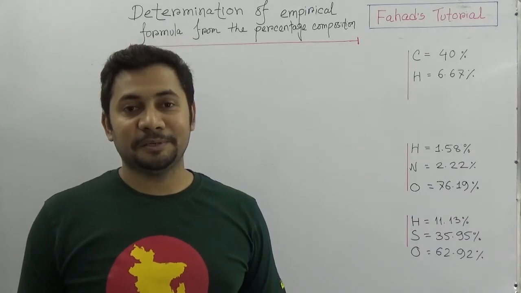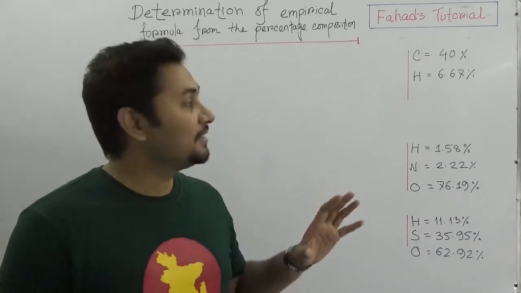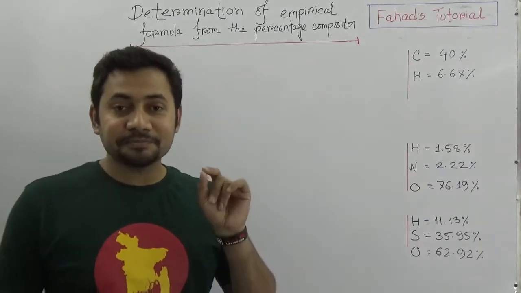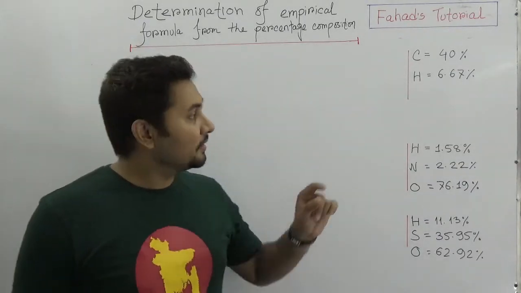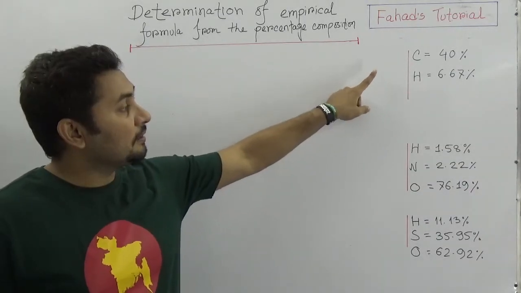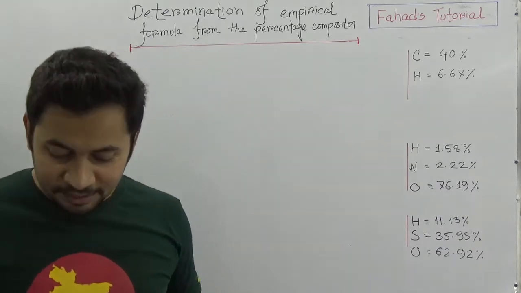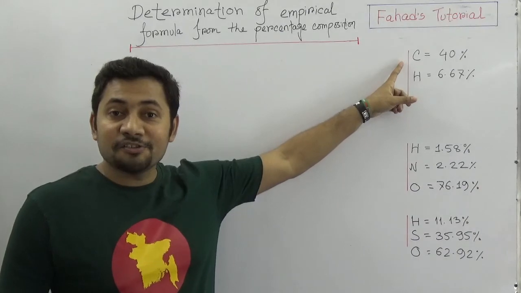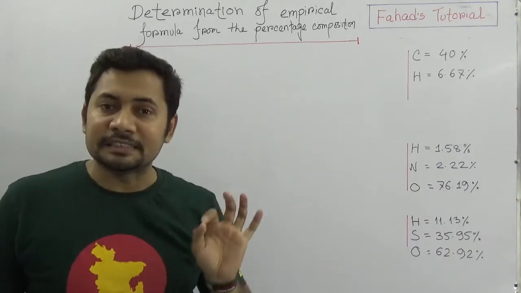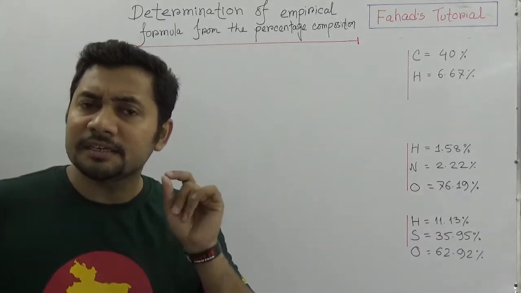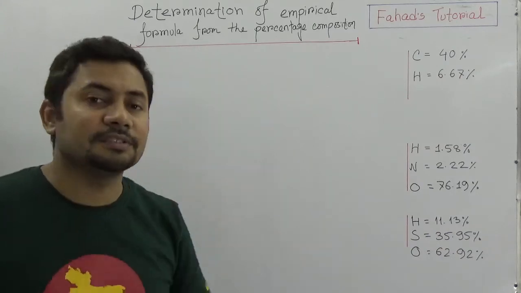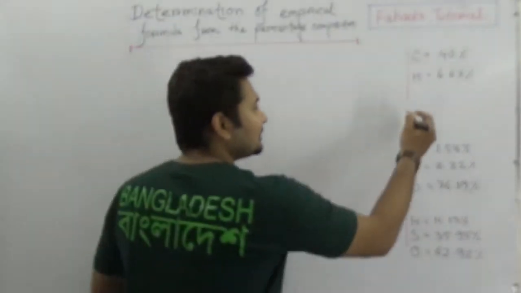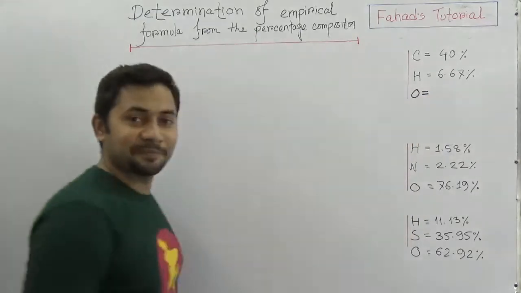the empirical formula. How? If I say that in a carbohydrate, the percentage composition of carbon and hydrogen is this. Now you think that in a carbohydrate there is also oxygen. So what is the percentage of oxygen?